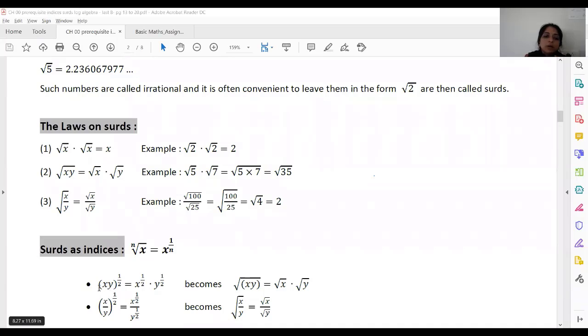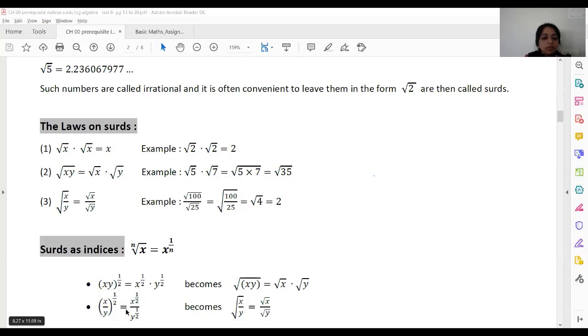If we have multiple bases x and y with the same power 1 half, then we can represent it as x raised to 1 half into y raised to 1 half, in the form of square roots. Similarly, xy raised to 1 by 5 is x raised to 1 by 5 into y raised to 1 by 5, which becomes the fifth root of x and the fifth root of y.